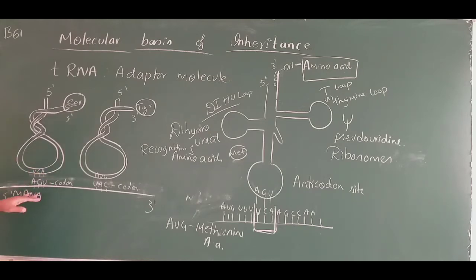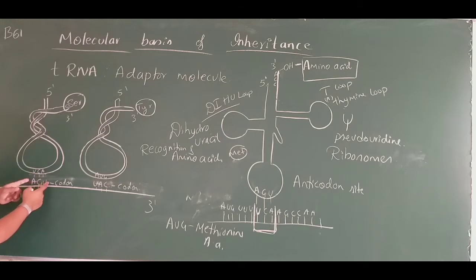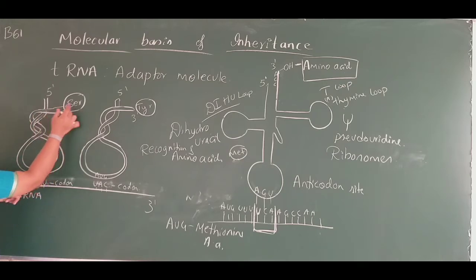And remember, the AGU triplet codon binds with the serine amino acid. If the mRNA strand has the AGU triplet codon, the tRNA brings the serine amino acid at the 3' end. Why?